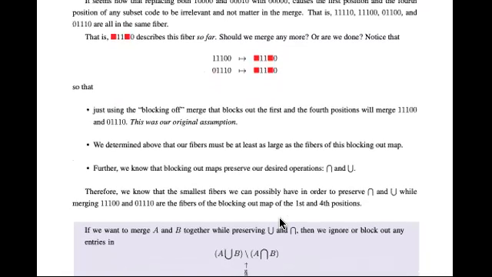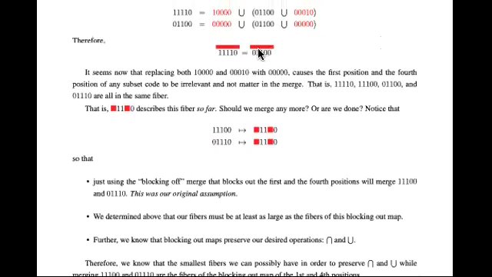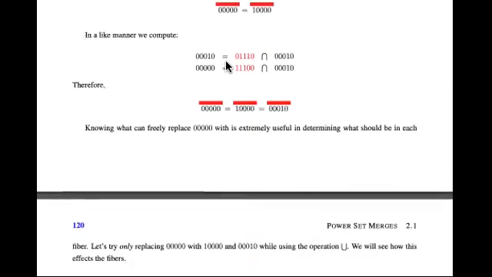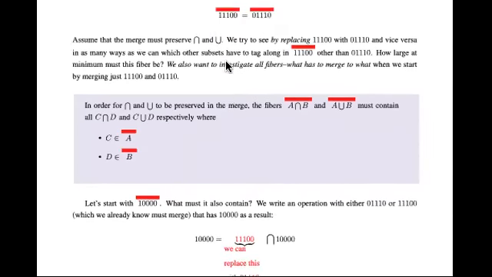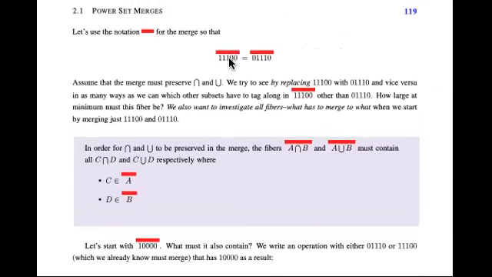Now, the question is, how did we know it was those particular elements? Why were we blocking out those ones, if we wanted to merge those two together that we were originally thinking about? Notice this one, the 1 and 0, they're different. And also this position, 0 and 1, those are the two positions that are different there.